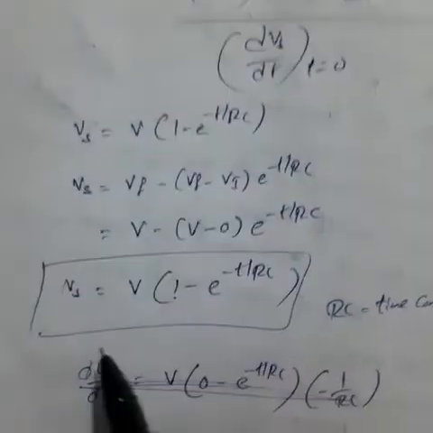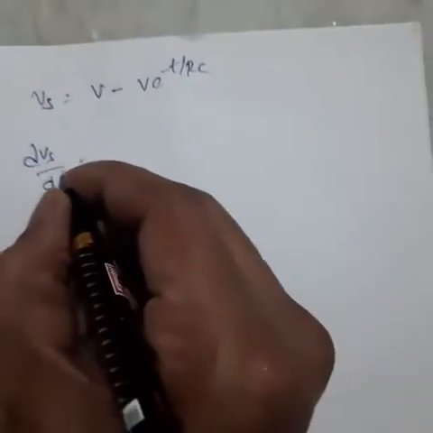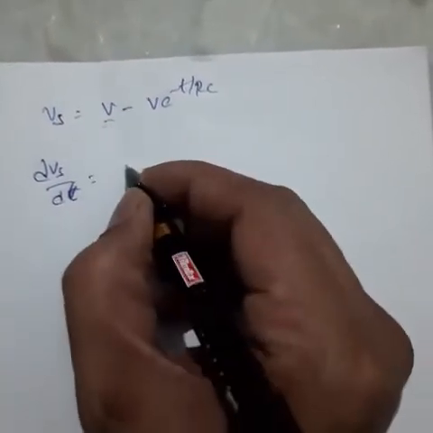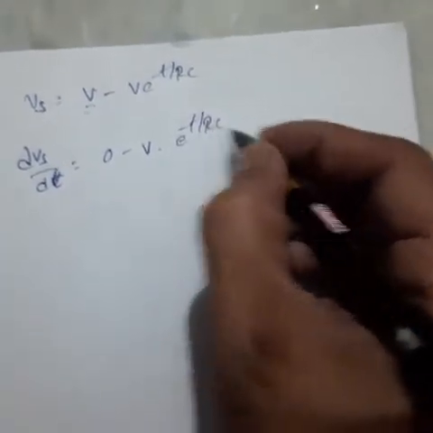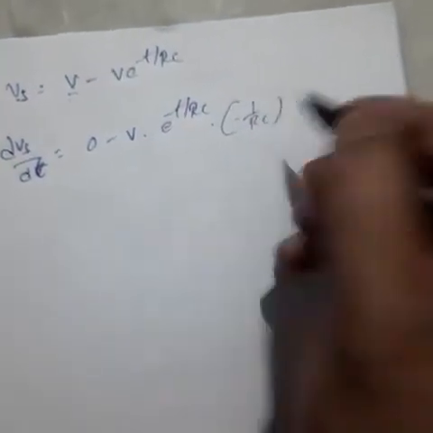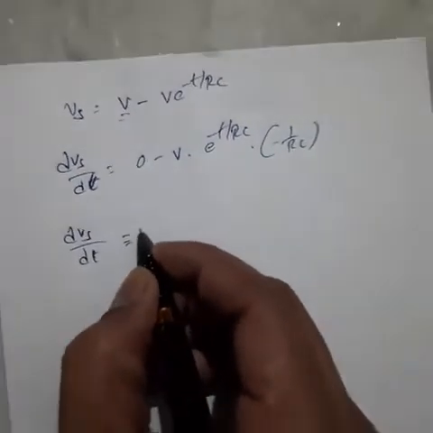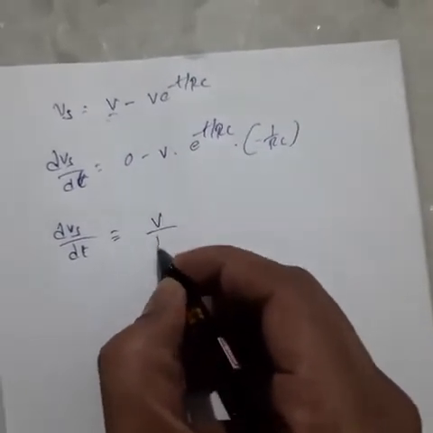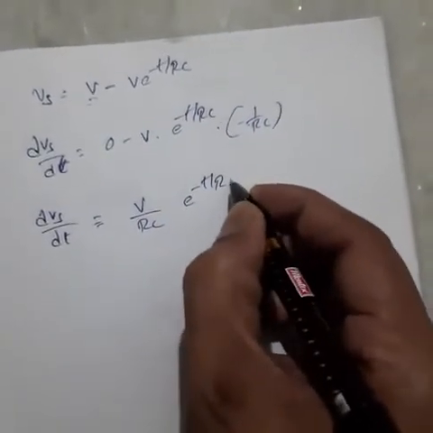Expand this complete equation, multiply with V, then differentiate with respect to t on both sides. V is constant, so 0 minus V into e power minus t by RC into minus 1 by RC. So dVs by dt equals V by RC into e power minus t by RC.